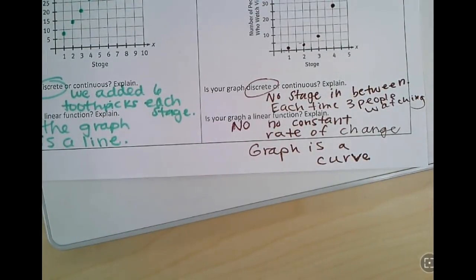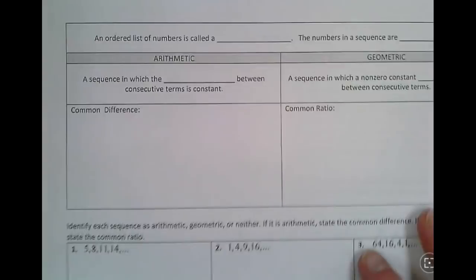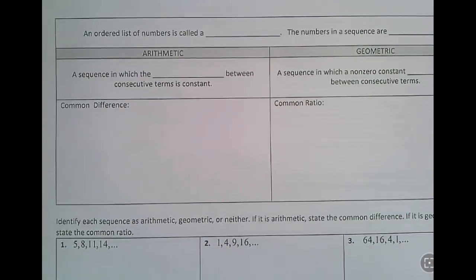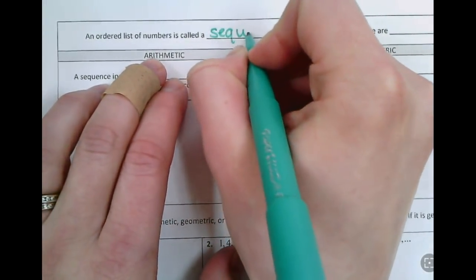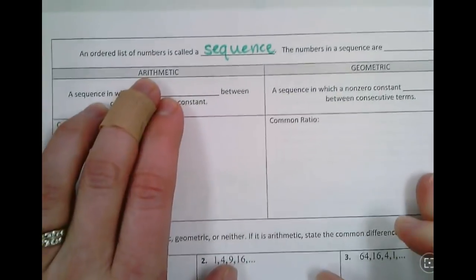All right, flip it over to the back side of notes. Now we got some definitions, basically what this puts us all in perspective. An ordered list of numbers is called a sequence. Now hopefully you've actually seen some things about sequences in general.